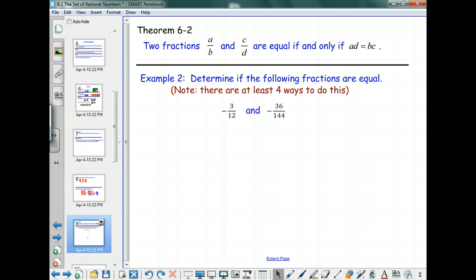Alright, another theorem, another computational fact about fractions. So if you have a fraction a over b and another fraction c over d, and they're equal, right? So in other words, let me write it down here. a over b equals c over d. It says you can do what? Cross multiply is a word that some people use, right?